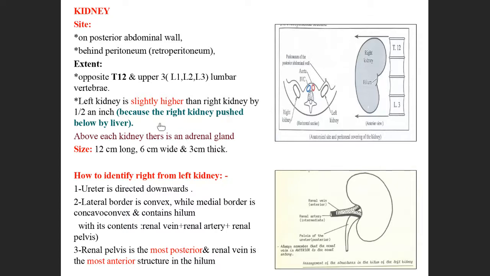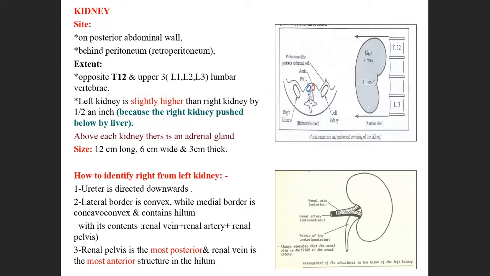So that is the meaning: the right kidney is pushed below by the liver. Okay, and on the upper side of each kidney you have the suprarenal gland, also called the adrenal gland.